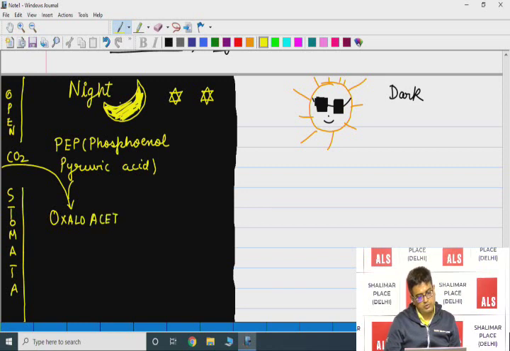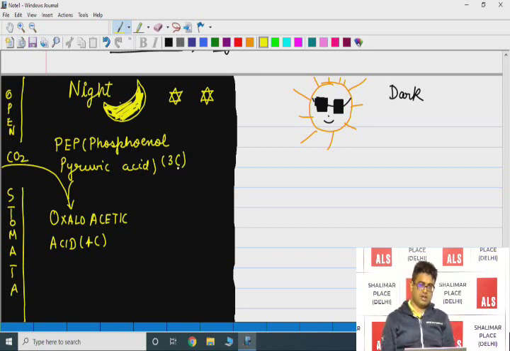So here also the first product of carbon dioxide fixation is oxaloacetic acid. It's a 4-carbon compound. PEP is a 3-carbon compound, and carbon dioxide you already know is a single carbon compound.